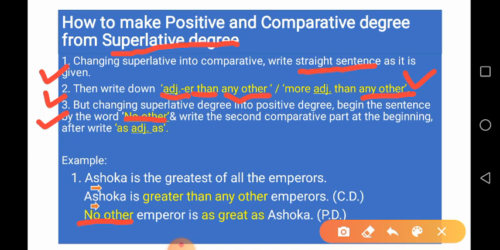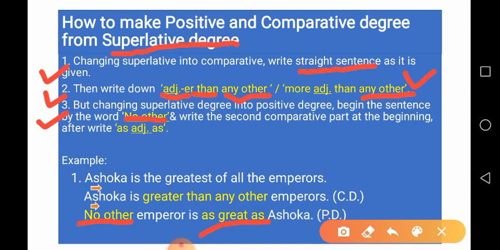So, while making a positive degree from a superlative or from a comparative degree, we start a sentence with the words no other, and then adjective is written in as form. So, adjective is written in between as. Have you understood it? See, what are the changes?